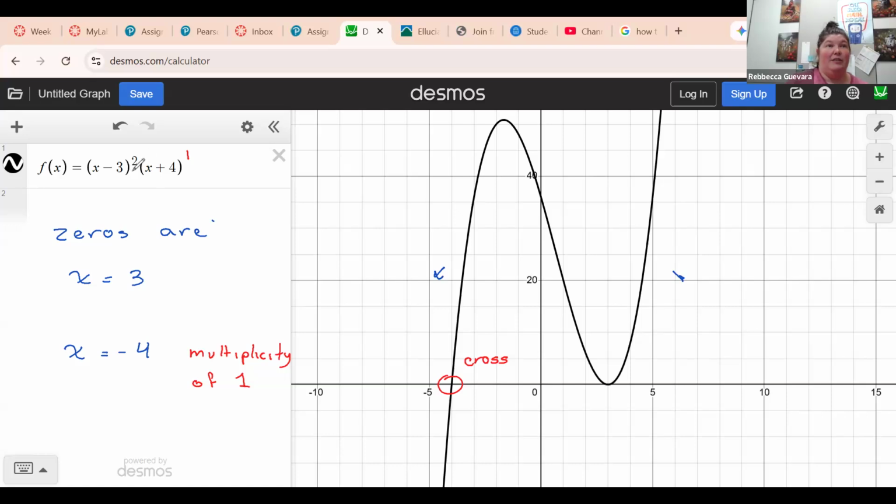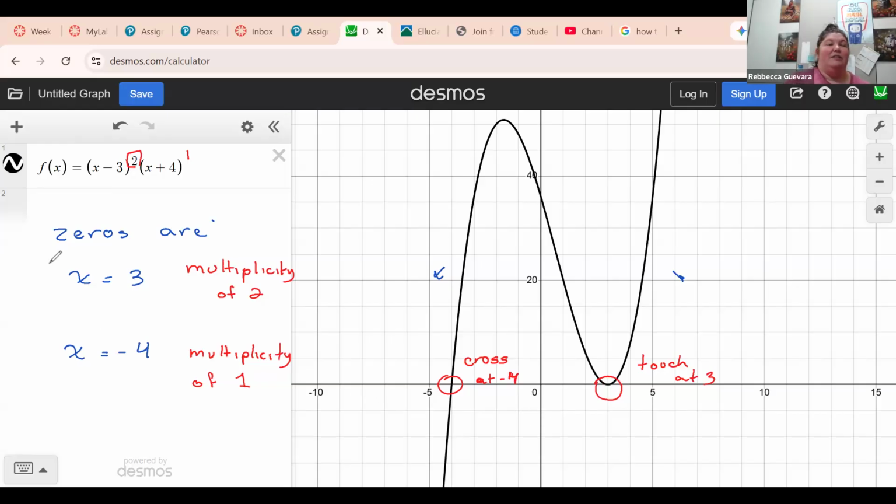However, now at 3, because we've got that power of 2 on it, this is going to be a multiplicity of 2. So we come down, we touch, and we turn away. So here we touch at 3, we cross at -4.